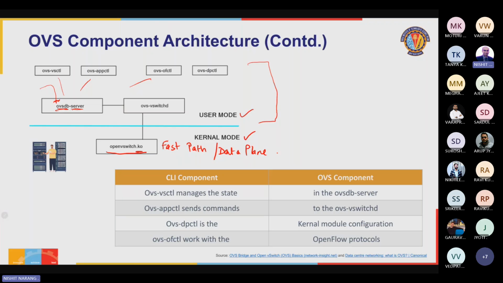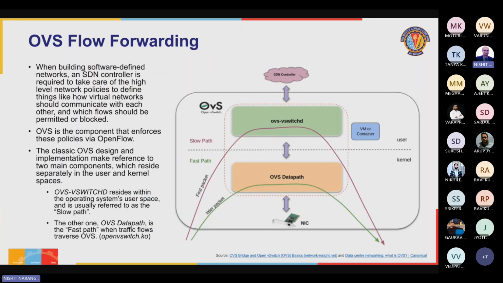So vsctl manages the OVS DB server, all the configuration. appctl sends commands to ovs-vswitchd. dpctl controls the Linux kernel module. And ofctl works with the SDN controller, supporting the OpenFlow protocol. And then there are the monitor and the test controller, the other supporting tools that OVS has.